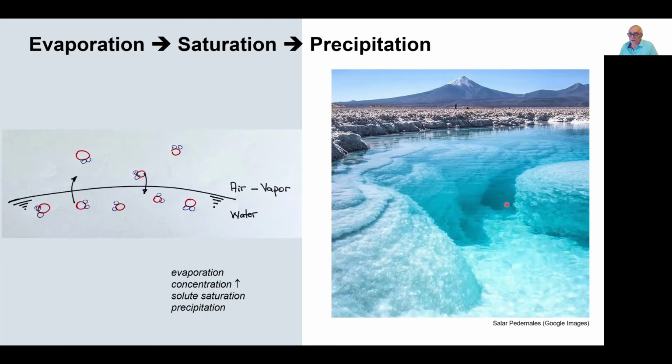And there is water in the pond, in the lake, in the Dead Sea, but it cannot dissolve the salt anymore. If it rains, it will dissolve some of the salt. If it doesn't rain, which is the case in most places where we have this type of formations, water evaporates and continuously precipitates additional salt.